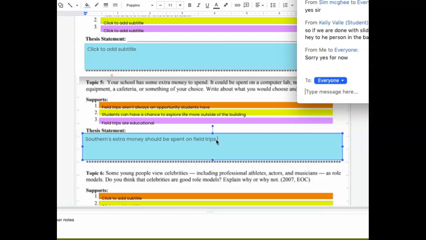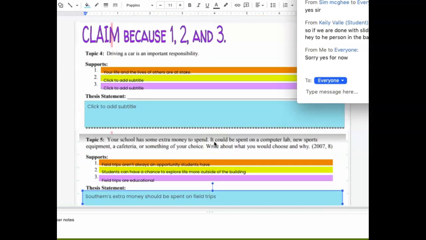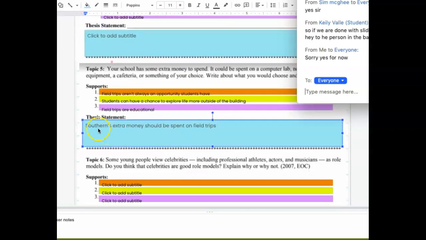Yep, so what's that first linking word after my claim? This word right here. Because. Okay, so Southern's extra money should be spent on field trips. That's our claim. Because, what do I put now? Our support.